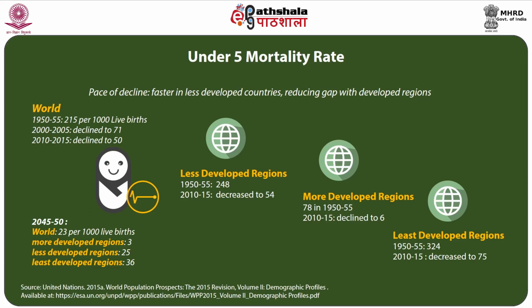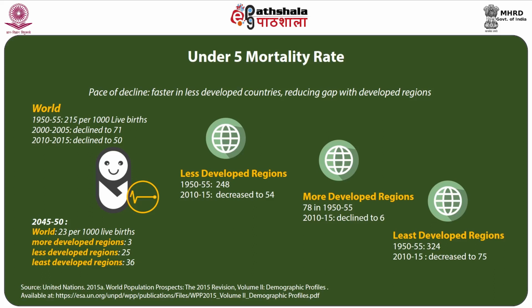Whereas in the case of less developed regions, the decline is much faster. It was 248 in 1950 to 55, came down to 54 in 2010 to 15, and projections indicate a further decline.